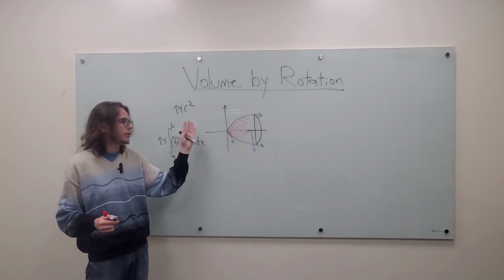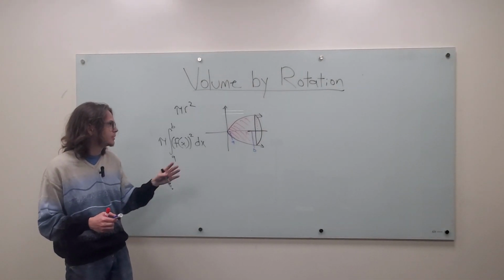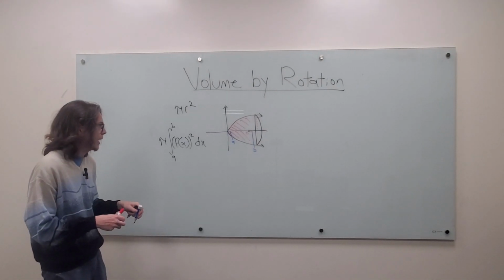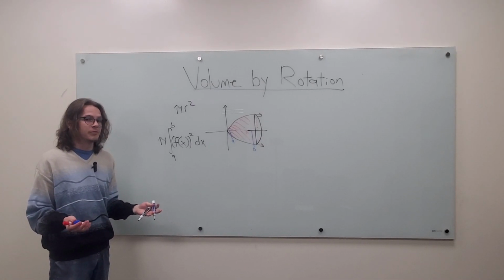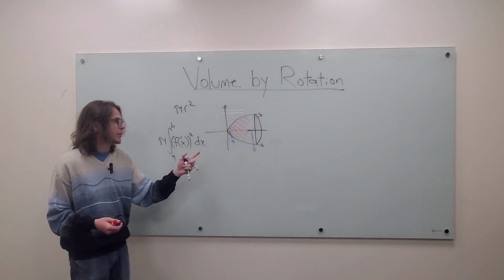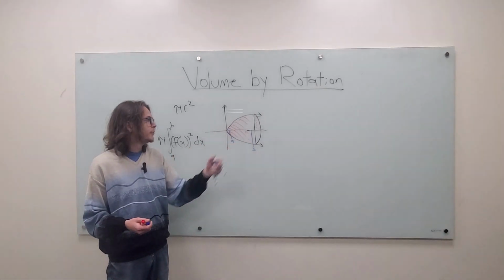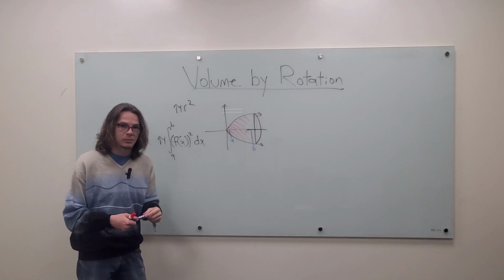Or if we were rotating about the y-axis, then it's going to be with respect to y, and it's a function of y. So that seems fairly simple. Maybe not intuitive, but it definitely helps if you visualize it this way. So let's go ahead and do some practice problems.